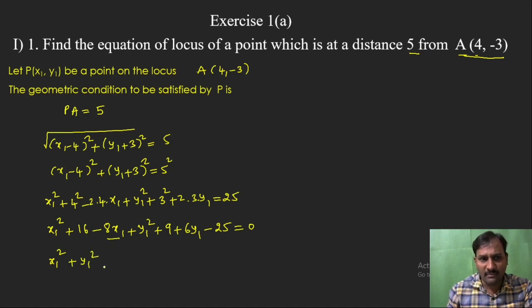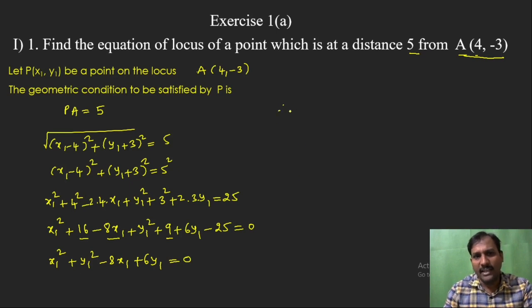Next x1 term minus 8x1, plus 6y1. Now the constants 16 plus 9 is 25, minus 25 will become 0. So now replace x1, y1 by x, y, then you will get the equation of the locus is x square plus y square minus 8x plus 6y equal to 0.